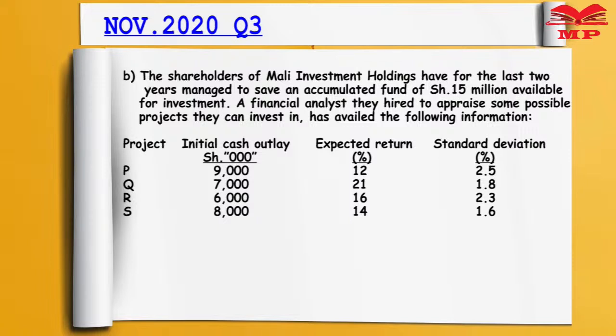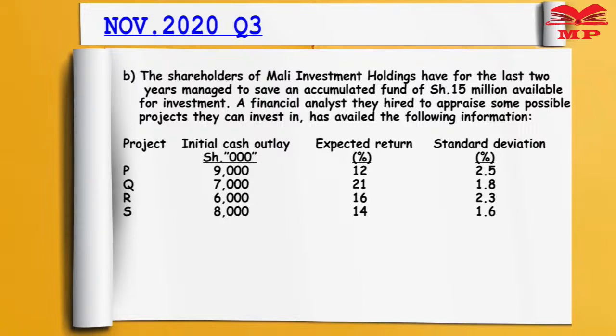There's a column for project, another column for initial outlay, a column for expected return, then a column for standard deviation. The projects are P, Q, R, S, and the initial cash outlay is 9 million, 7 million, 6 million, 8 million respectively.